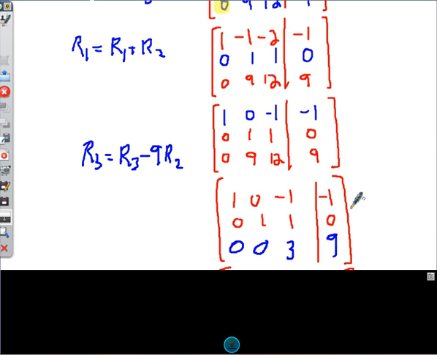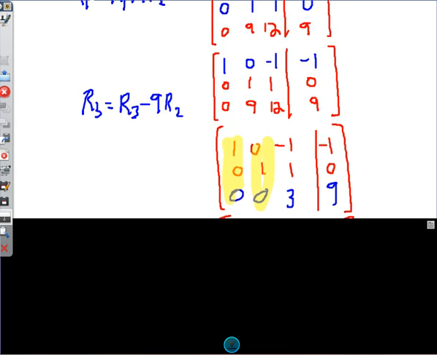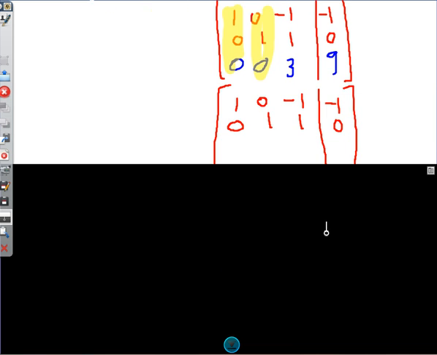So we're working left to right. Notice we're not messing up the columns that we've already established. So now we've got column 1, column 2. Highlight that for effect. Now we work with column 3, and these zeros that are in place will help those columns not get messed up.